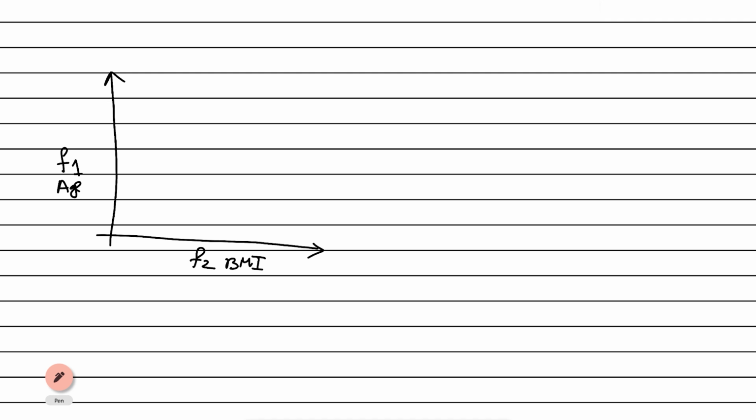So better we take the height, and in place of age I'm putting weight. Now let's say I got some points based on these two features, here's some point, here's some point, and here some of the values.